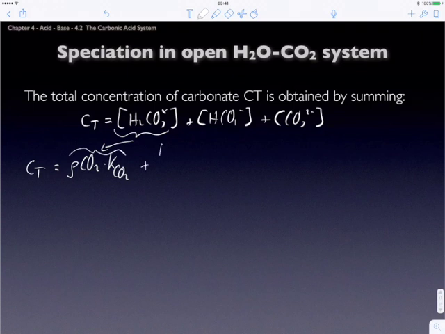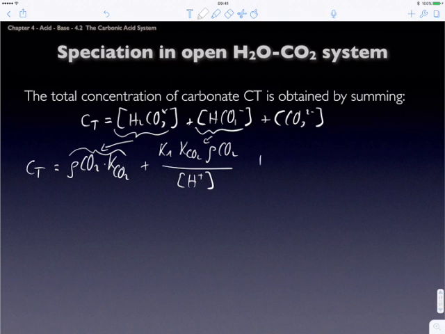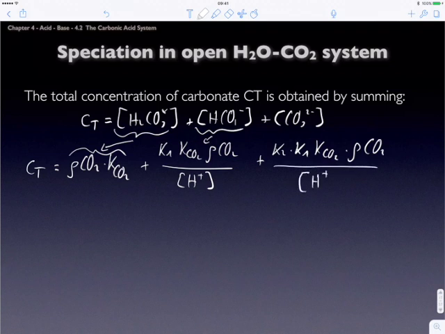Now we have plus K1 KCO2 PCO2 divided by H plus. This is this. And we have finally K2 times K1 times KCO2 times the PCO2 divided by the concentration of H plus squared. And this is this.